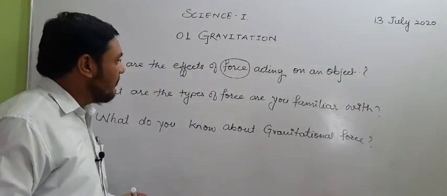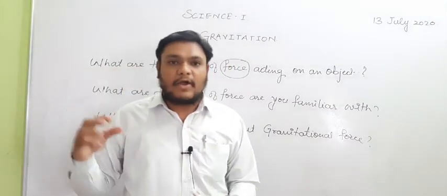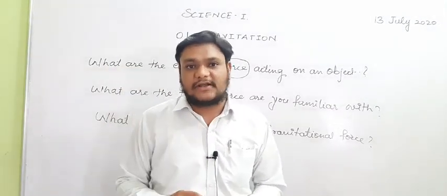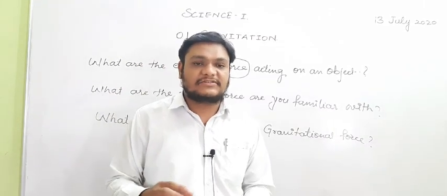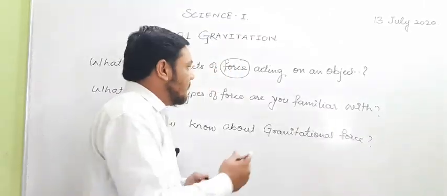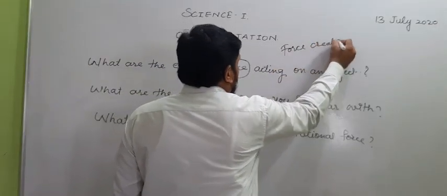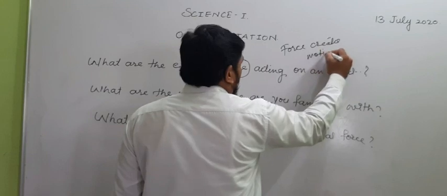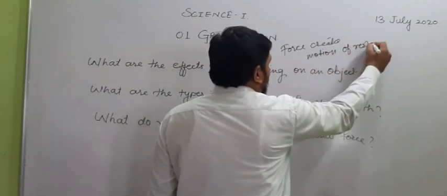So what are the effects of force acting on an object? If any object is in motion, then by applying force we can stop the object, or if any object is at rest, then by applying force we can make it move. Means force creates motion of a rest object.